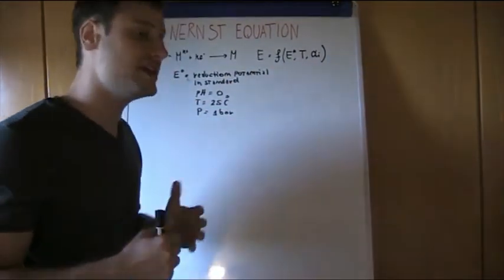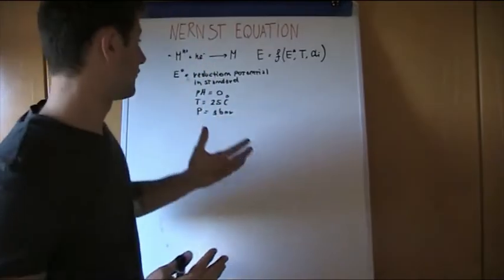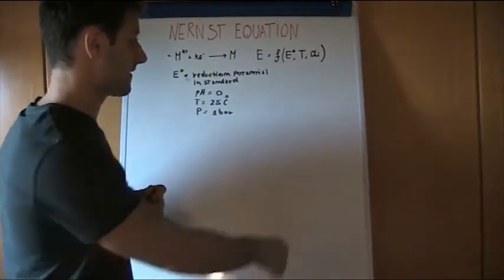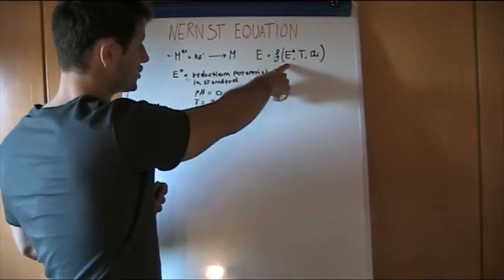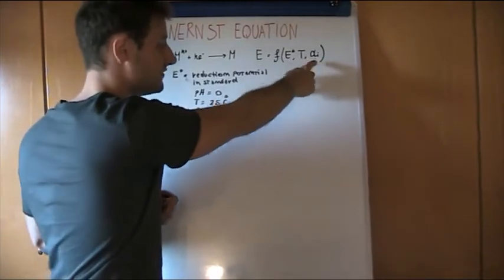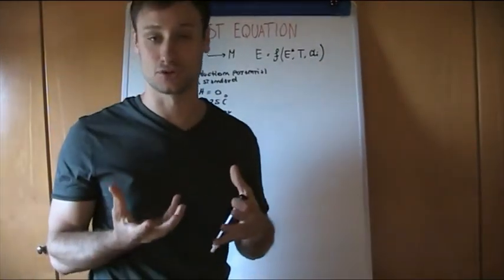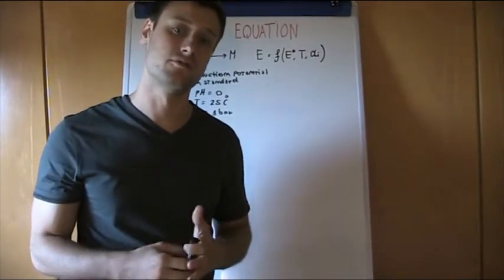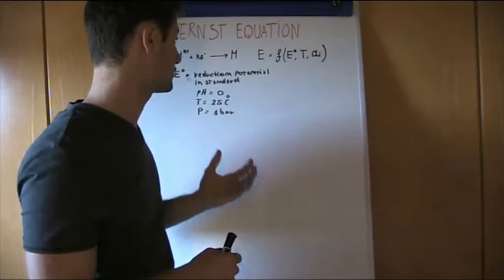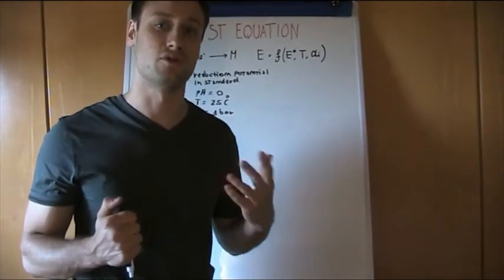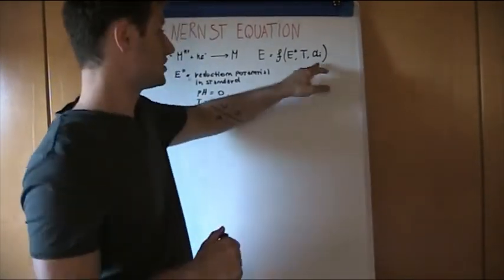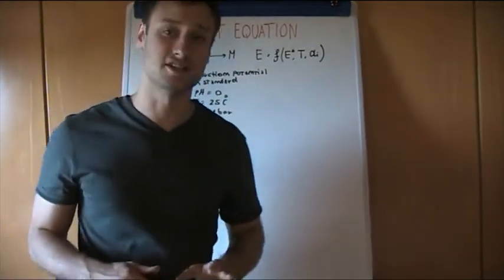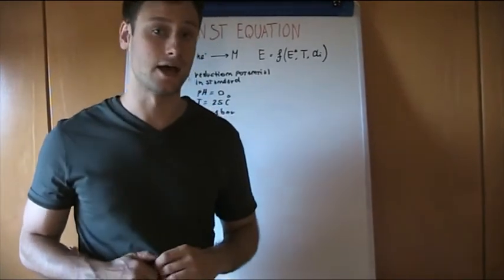But now, what is actually the real form of the Nernst equation? Obviously, it is a function of these parameters. We have the temperature, we have the reduction potential in standard conditions, and we have the activity. Activity is basically a sort of real concentration describing the real behavior of species, for instance in solution or just in a solid. Obviously, if we're dealing with a solid, we can imagine the solid as pure, and often the activity in that case is taken as equal to 1.